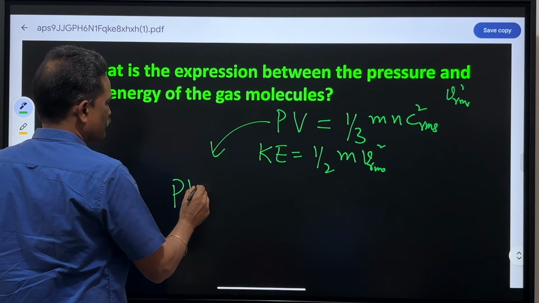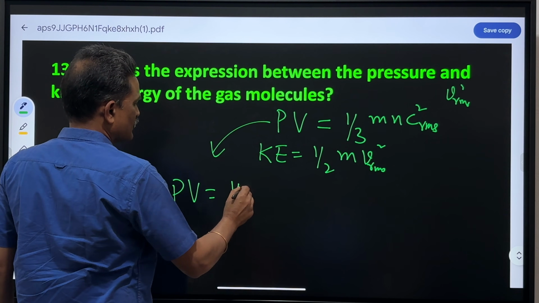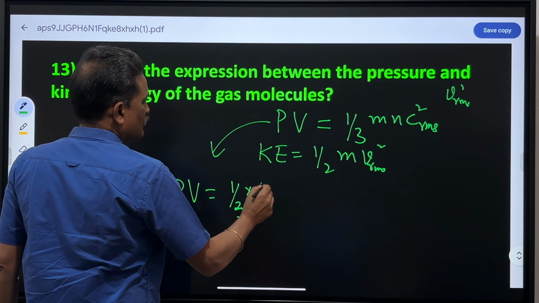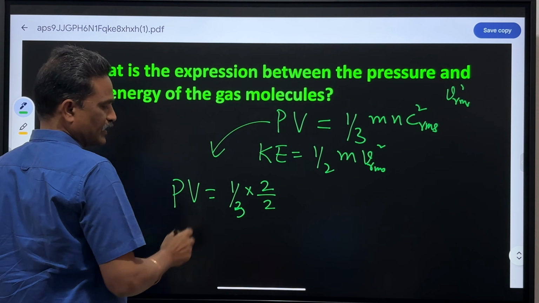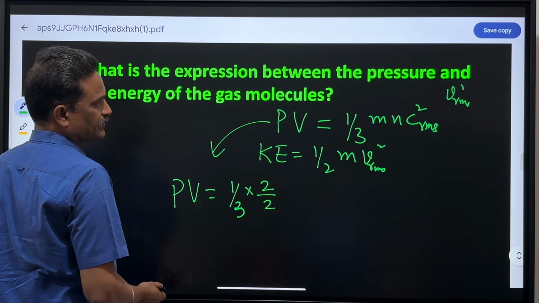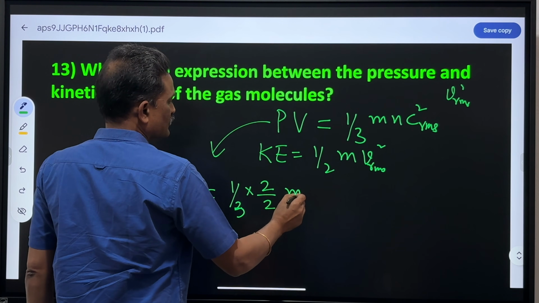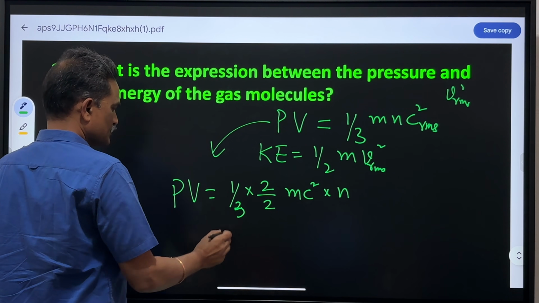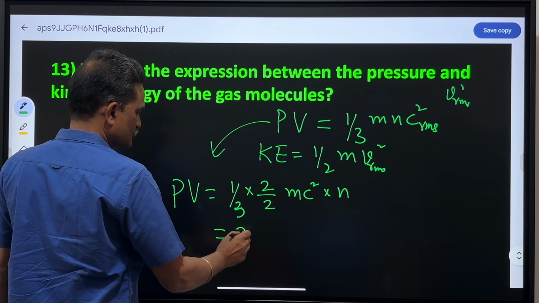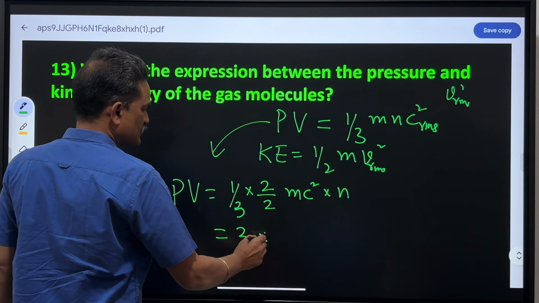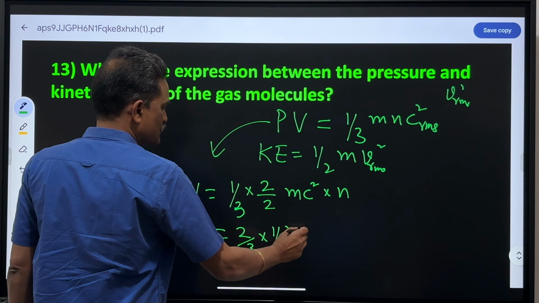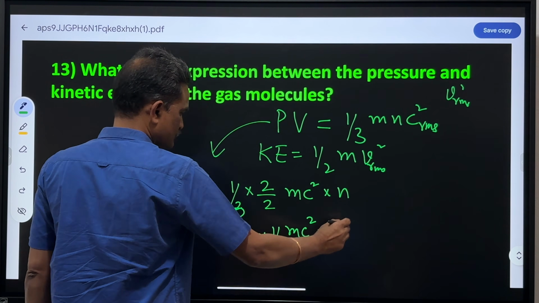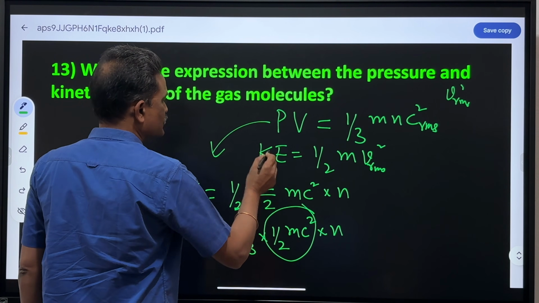So let us write PV is equal to 1 by 3. I'll take 2 by 2, it doesn't matter. So multiplying and dividing, this is m c square into N. So this can be written as 2 by 3 into 1 by 2 m c square into N. This 1 by 2 m c square is kinetic energy.